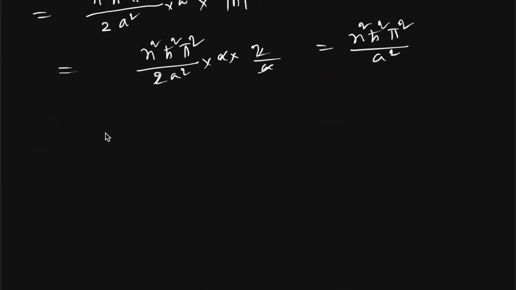Now what is the dispersion? Since the expectation of p is 0, the dispersion is n square h cut square pi square by a square.